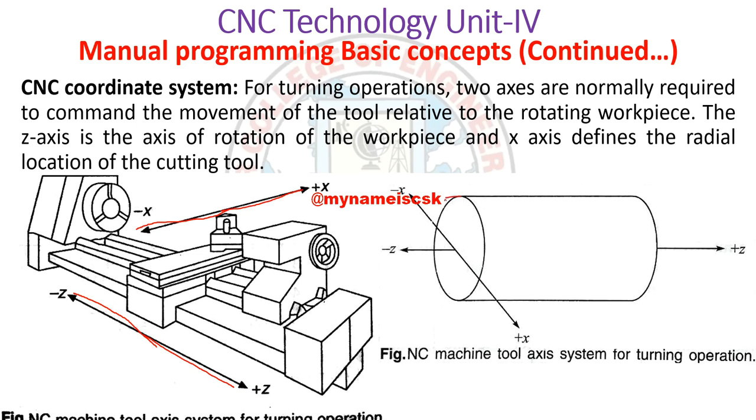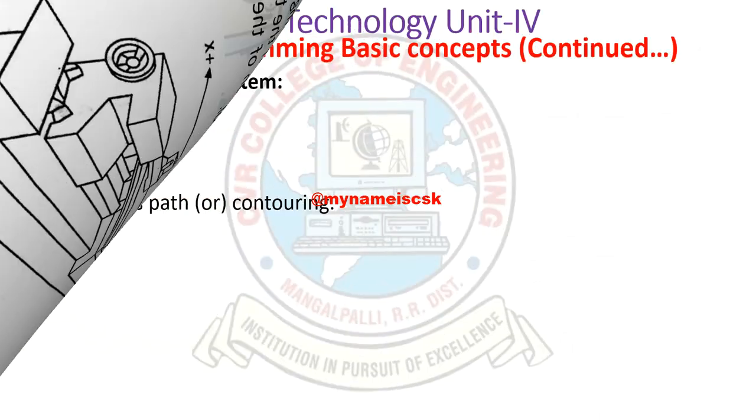For the turning or lathe operation, we generally keep cylindrical objects, and this side will be positive x and this will be positive z, the back side will be negative z, and if you move from this side it will be negative x. So these are the different coordinates we consider for a turning machine.